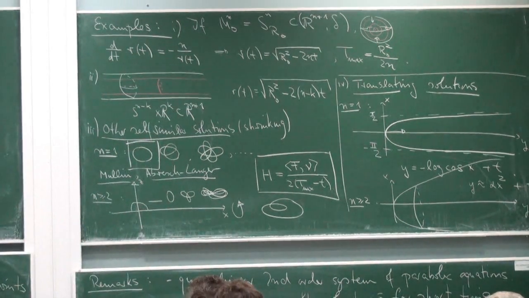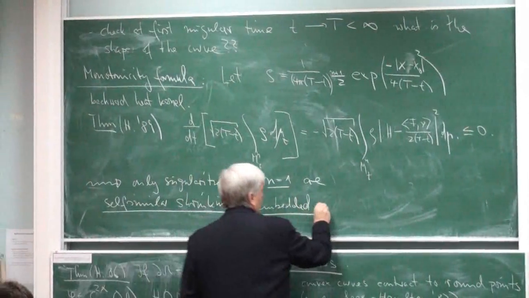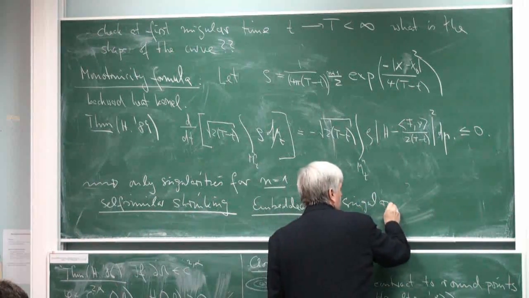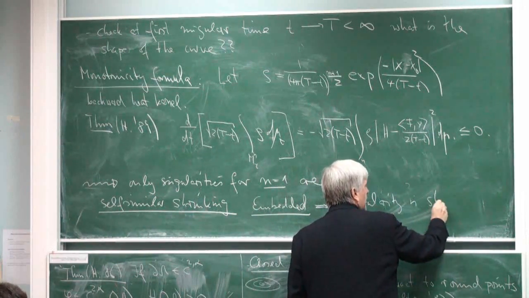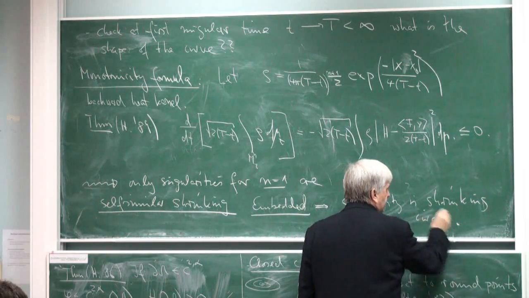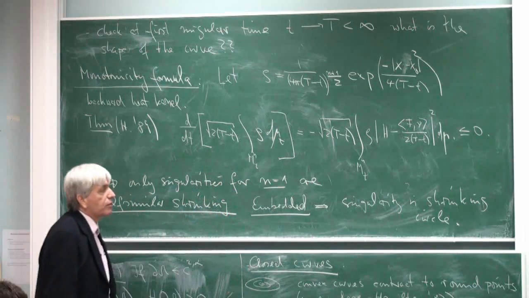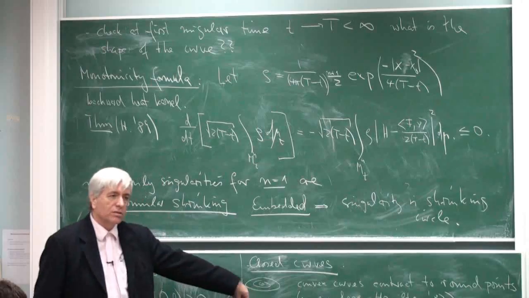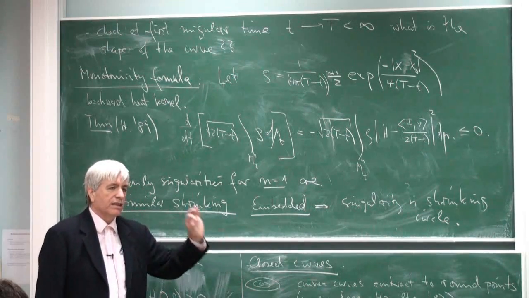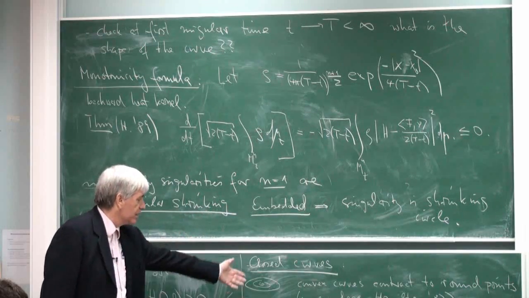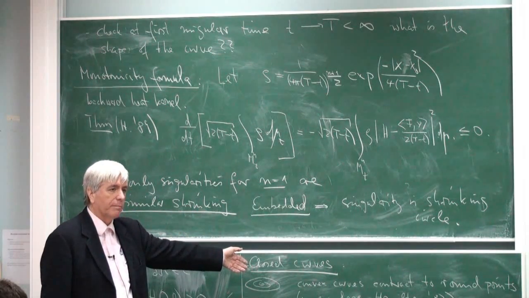So now you use embeddedness, and the singularity must look like a shrinking circle. But that proves Grayson's theorem. So without having to go through the details of what happens to this curve, I just proved that the only singularity that can happen is a shrinking circle. Therefore, the theorem must be true.